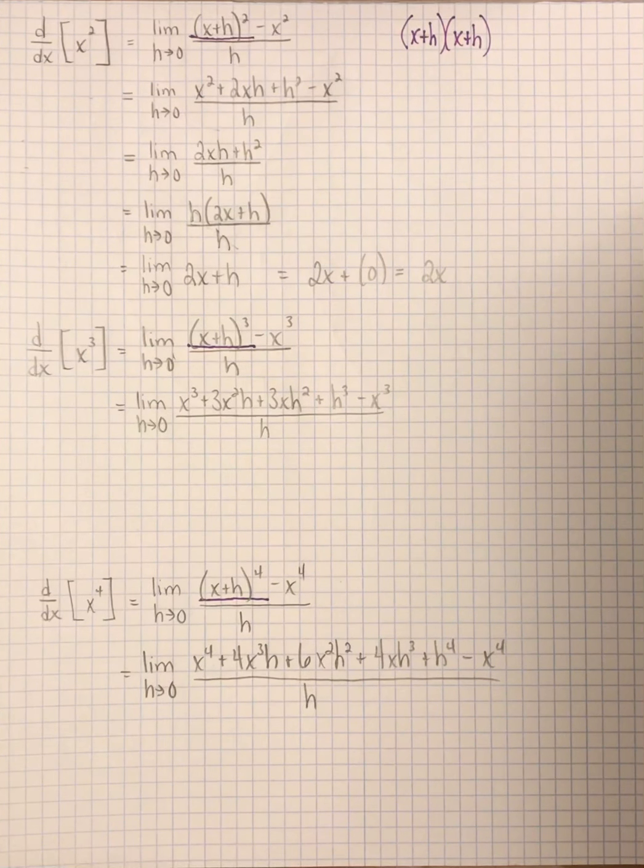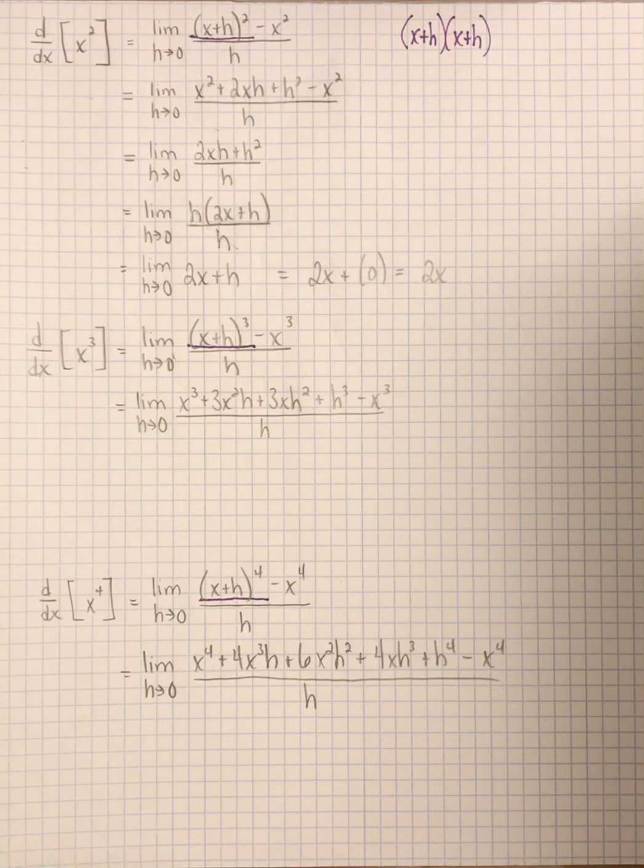So here we have x plus h cubed, and it results in x cubed plus 3x squared h plus 3x h squared plus h cubed. Again, this can be obtained by taking 3 factors of x plus h and multiplying them together: first the first two, and then that product times the third.